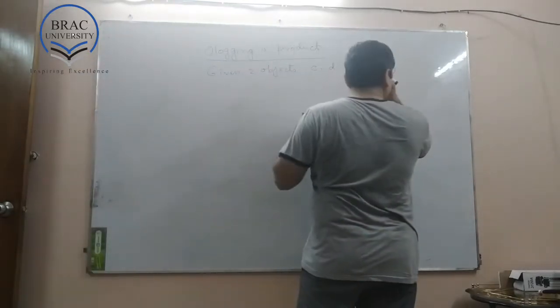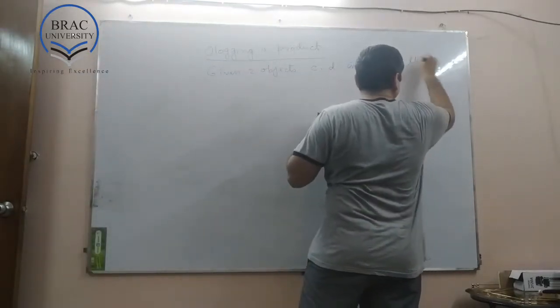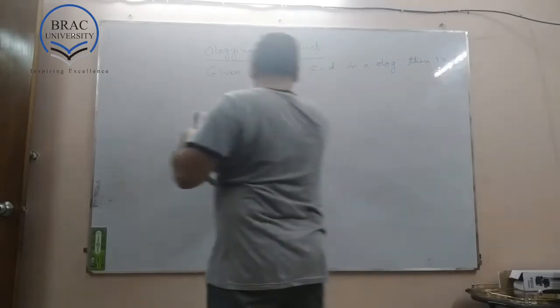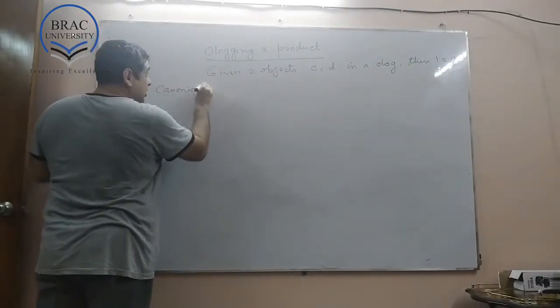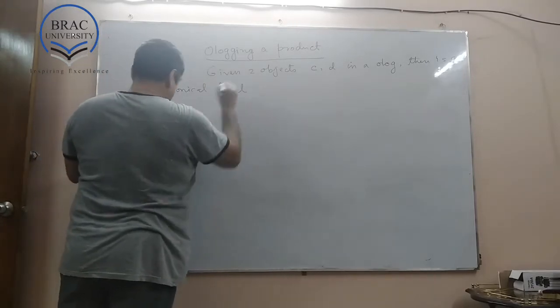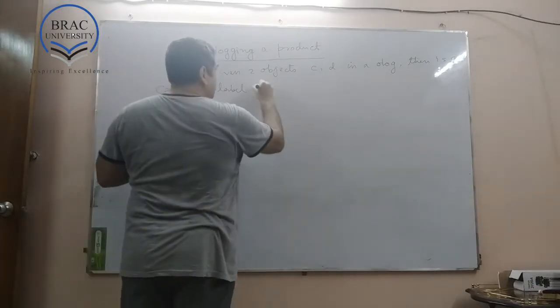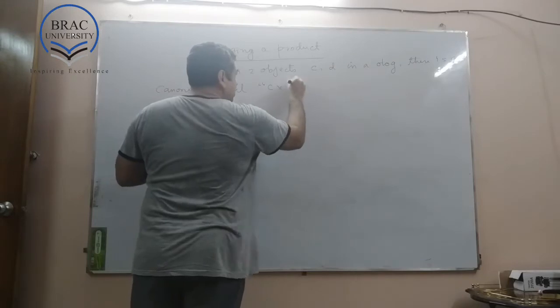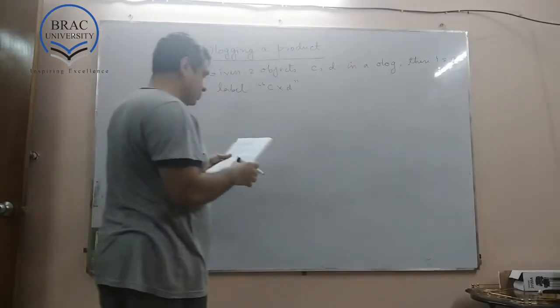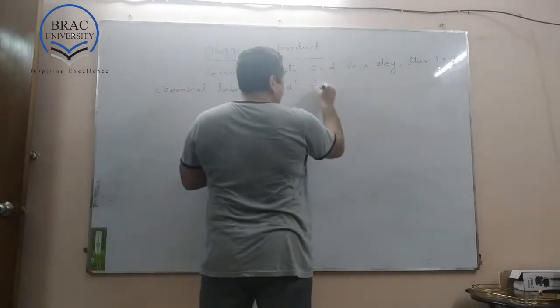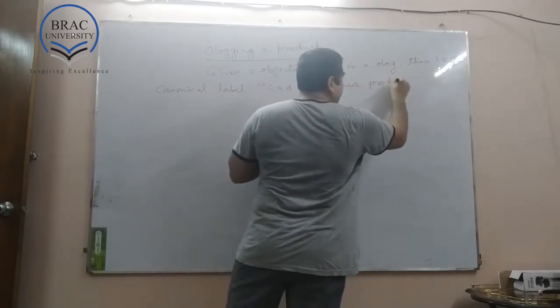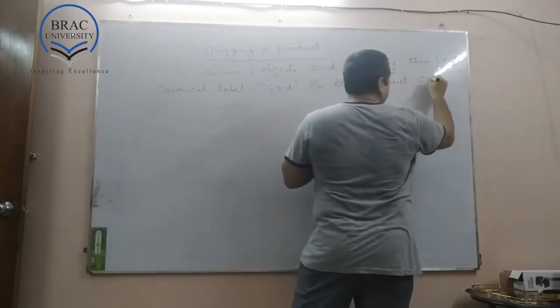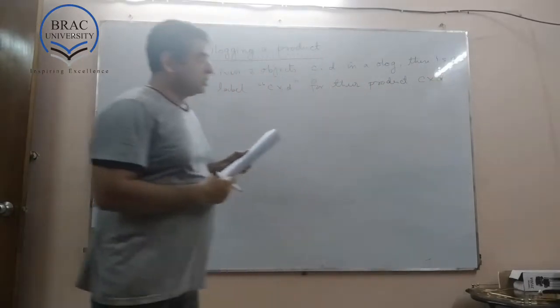There is a canonical label C cross D for their product C cross D.